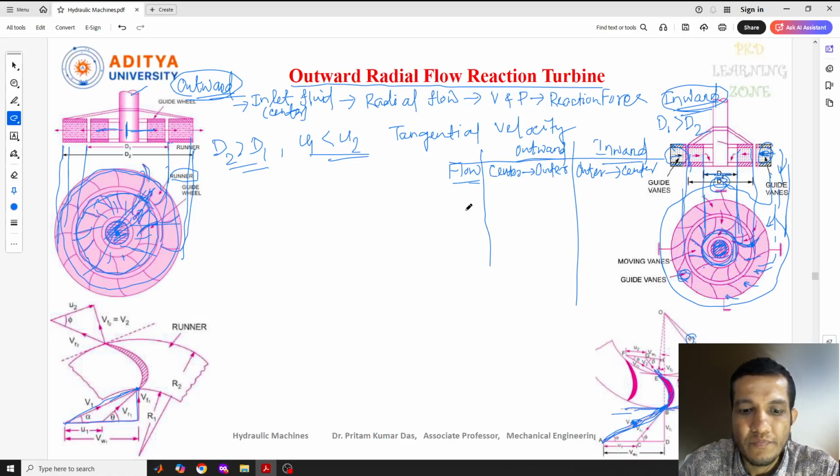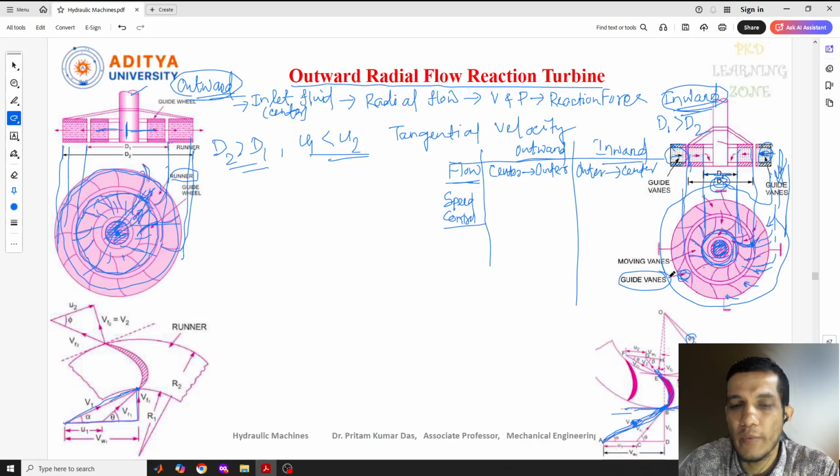Now here the speed control will be different. So next is the speed control. Speed control means how the flow is flowing. As we can see, the fluid is coming from outside, and from outside through the guide vanes it is going inside. So there is a control of flow in the guide vanes.